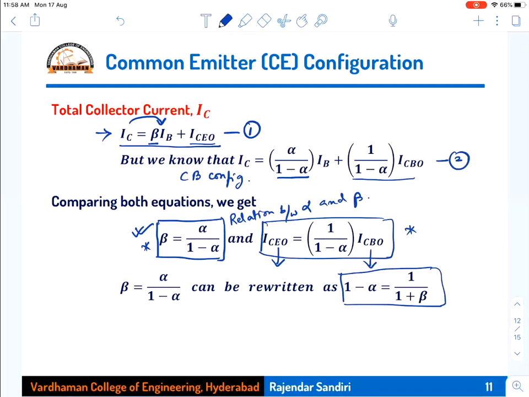These are the expressions for the collector currents, the relationship between alpha and beta, and the relationship between common base and common emitter reverse saturation currents. These are very important equations while solving problems.